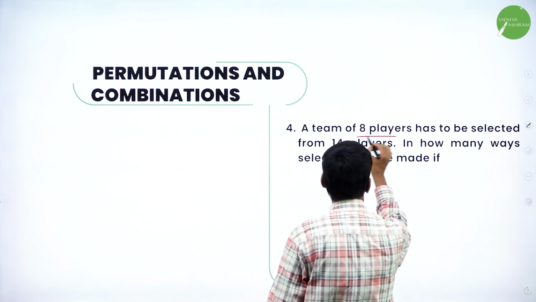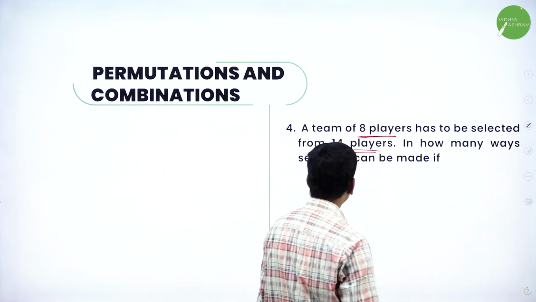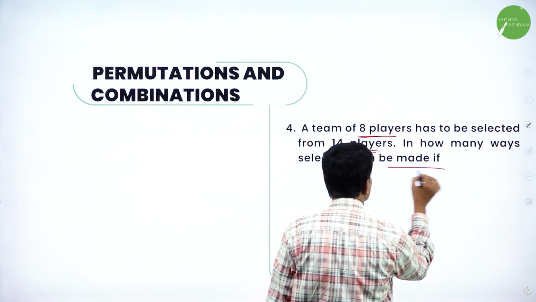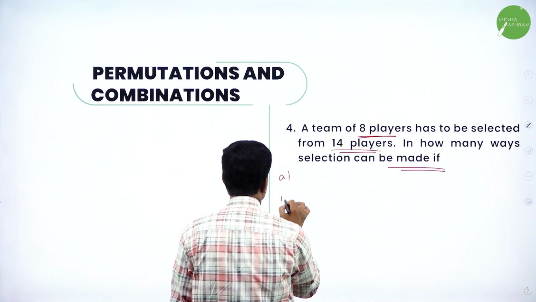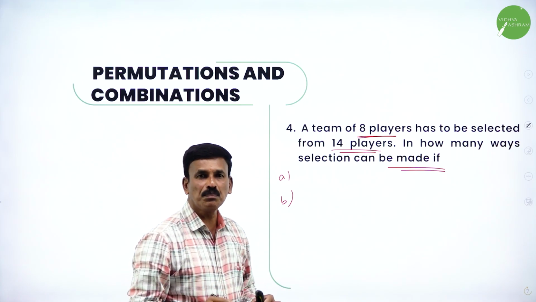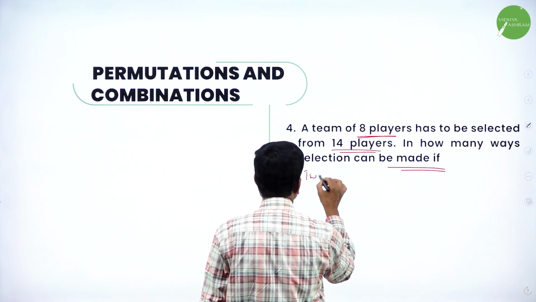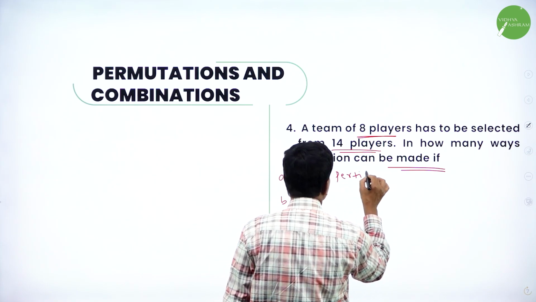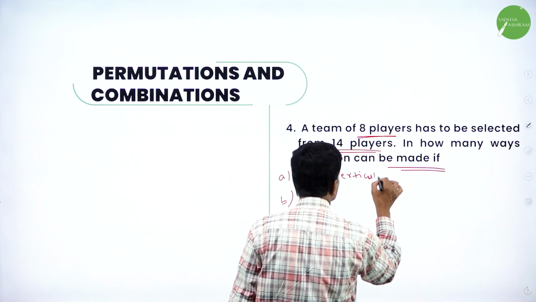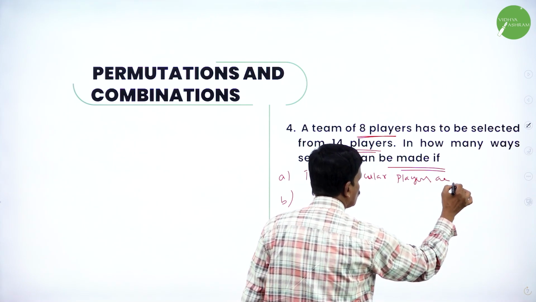A team of 8 players has to be selected from 14 players. In how many ways can the selection be made if there are 2 conditions? First condition, if 2 particular players are included.